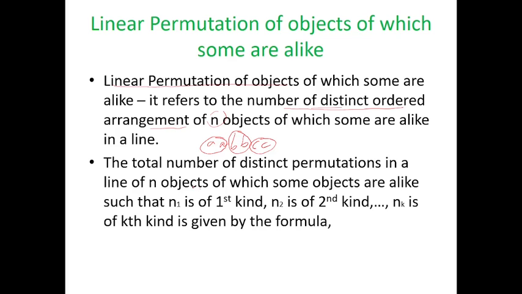So the total number of distinct permutations in a line of n objects of which some objects are alike: n1 is of the first kind, so if we have AA, n1 is 2. n sub 2 is of the second kind, which is two letters here, and up to n sub k of the kth kind.